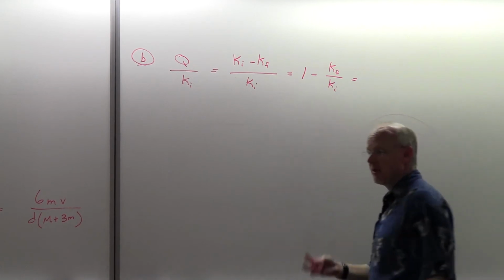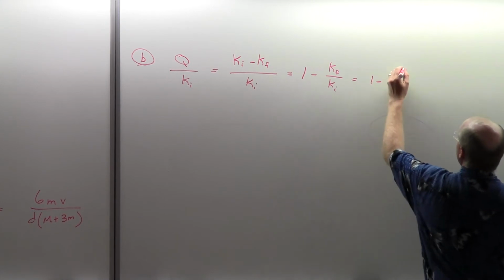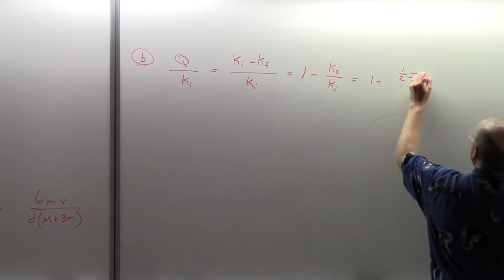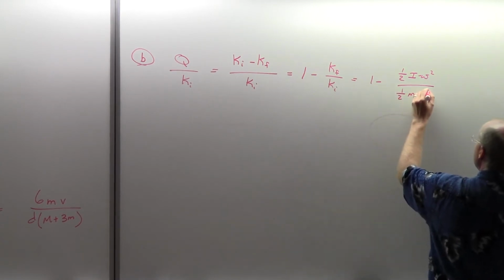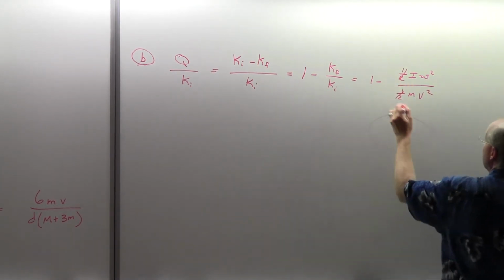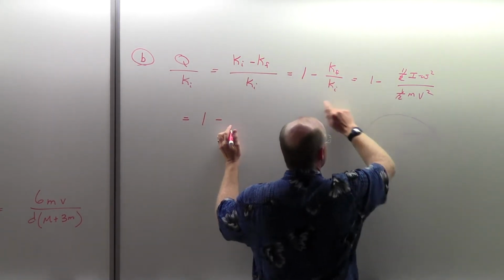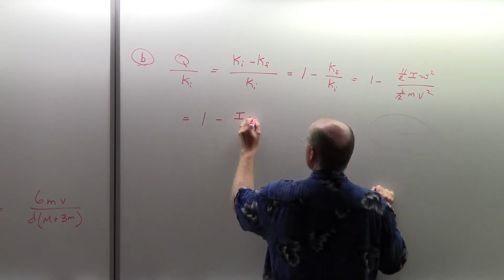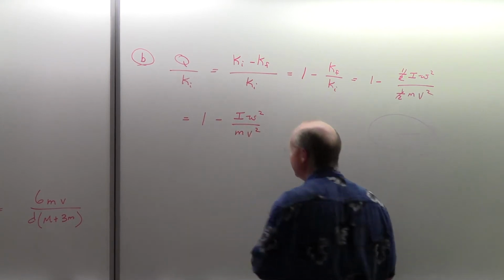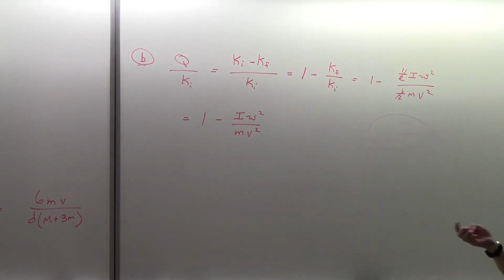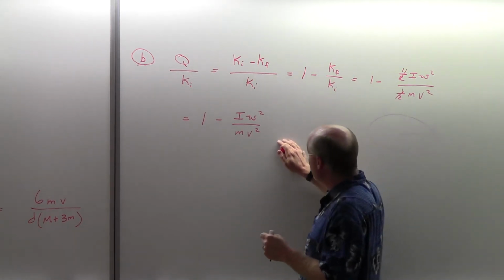And so same thing as we had in the last problem, written a little bit different because we wrote the final as 1/2 I omega squared, and the initial as 1/2 m v squared. And then we canceled off the 1/2. And so at some point, although we got here with different symbols, we got to the same equation that we had before.